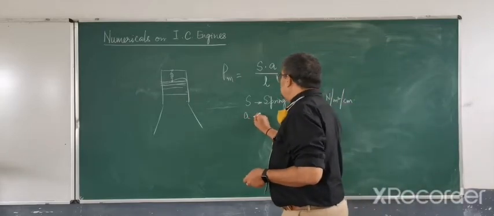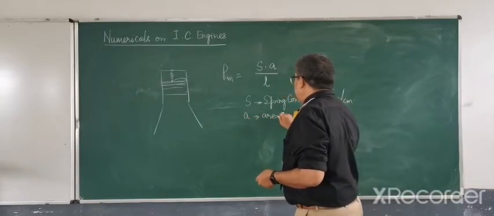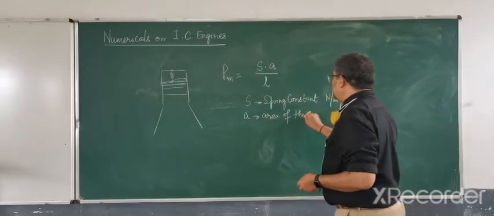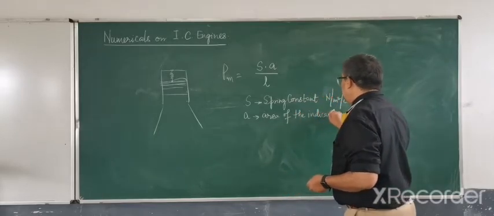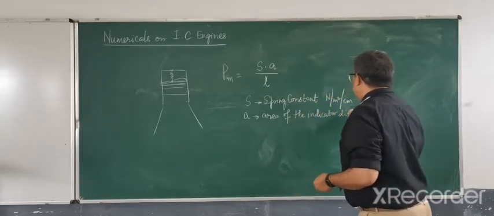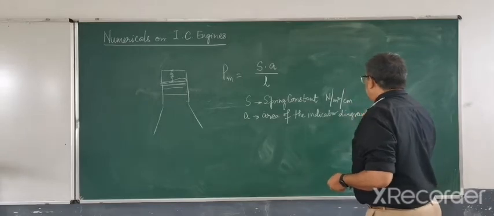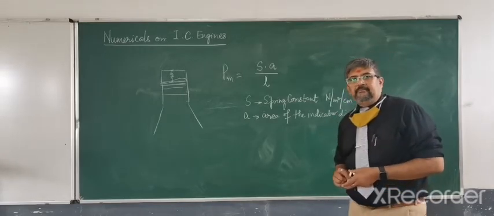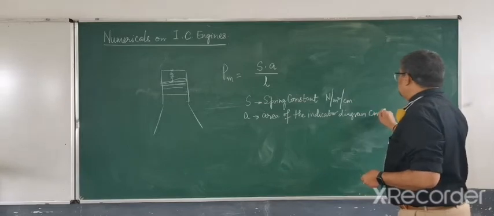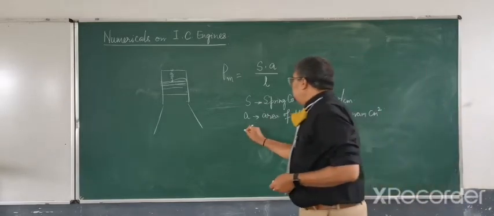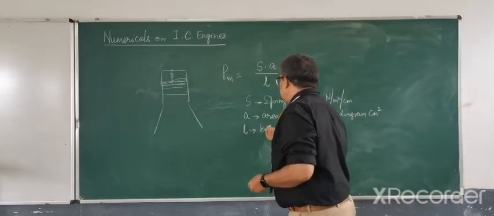Then A is the area of the indicator diagram. Obviously this will be in centimeter square, and L is called the base length.